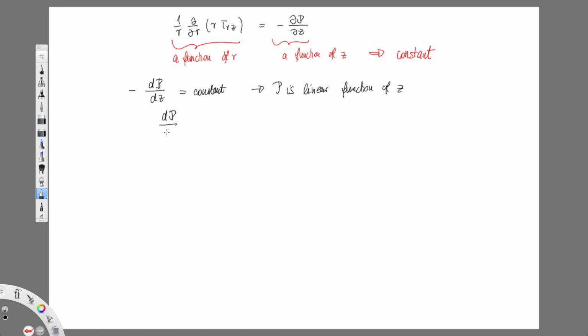So my dp dz, since it's a linear function, is simply the generalized pressure evaluated at the end minus the beginning of the tube, divided by the tube length. Again, since p is a linear function.